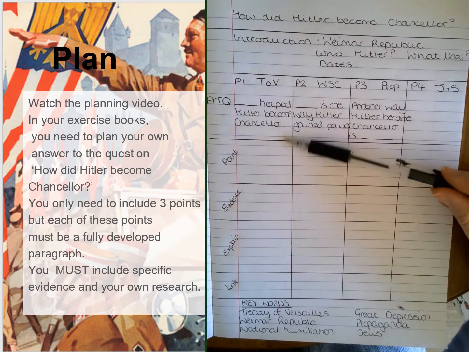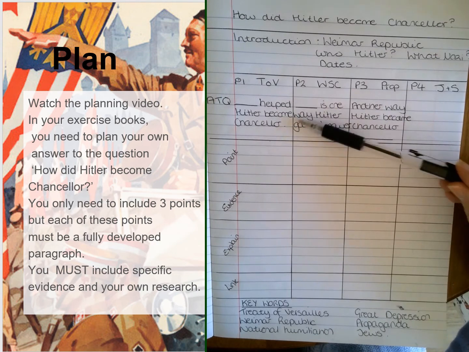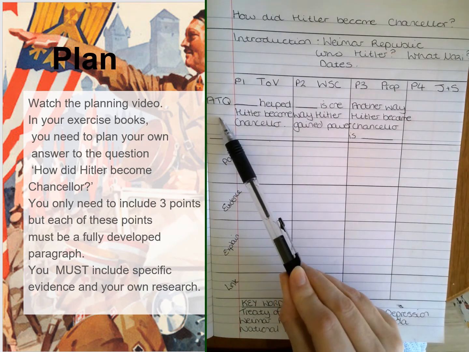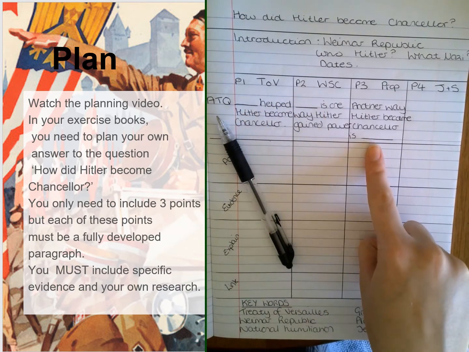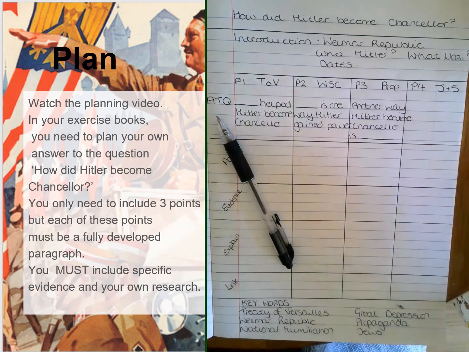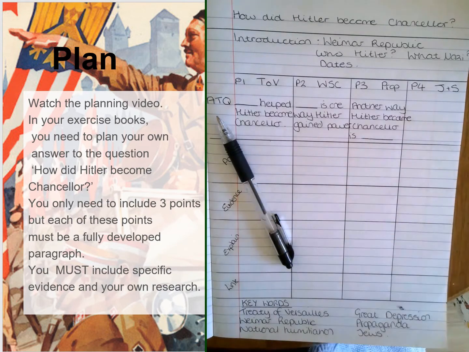Well, the first thing I've got is the Treaty of Versailles, and I've got my answer to the question sentence. Now, you'll notice I've left the point in each of these sentences blank. That's because you can use any of these sentence structures for any of the points, but you need to make sure that you have a sentence which gives the point.